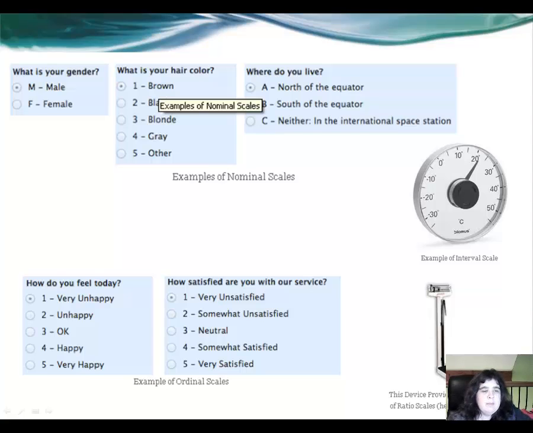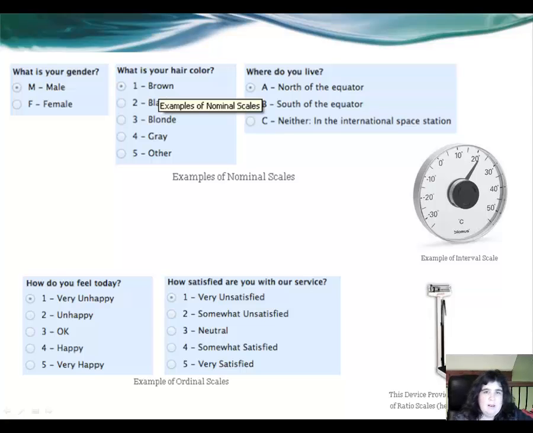So they are equal intervals. The next one is an example of a weighing machine and also checking people's height. This device provides two examples of ratio scales of height to weight. And then we have examples of questions of nominal scales and ordinal scales.